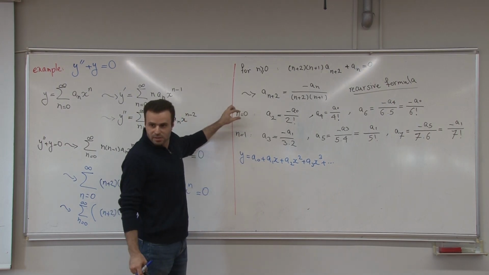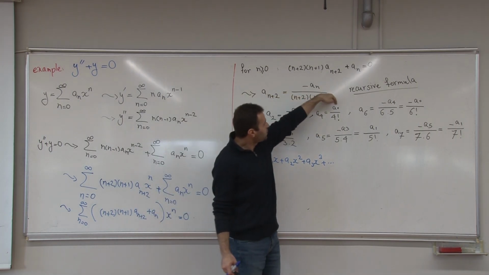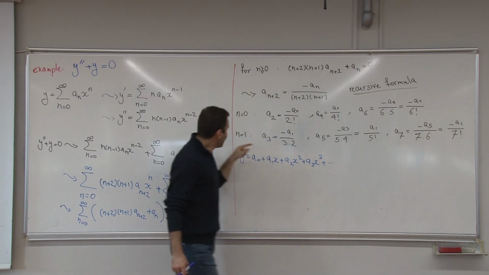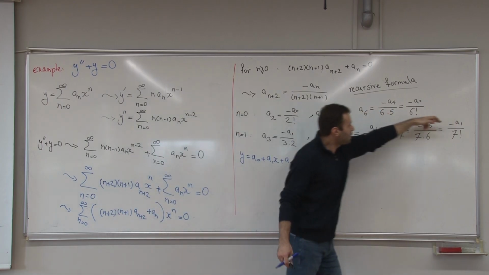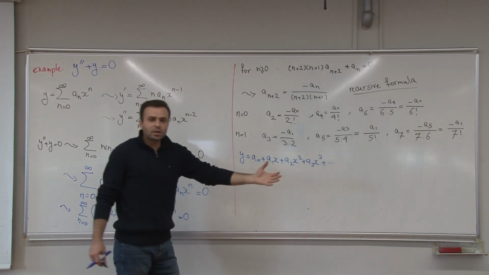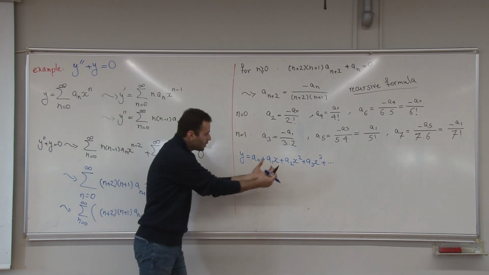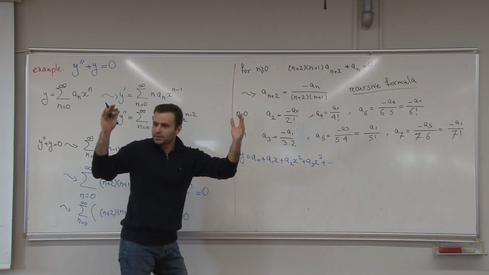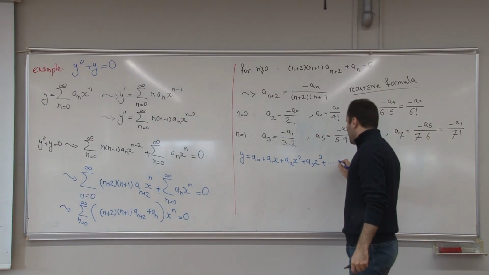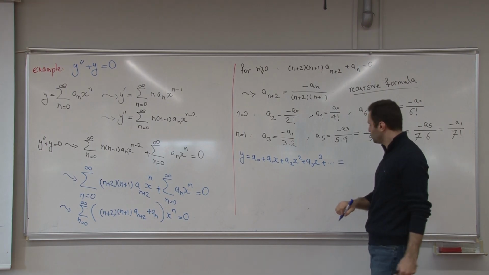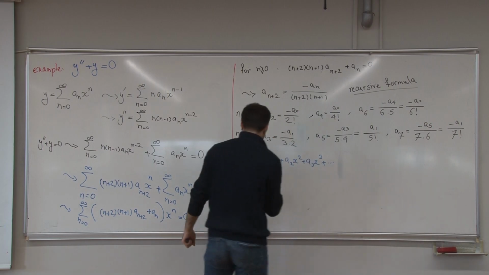The even terms are all written in terms of a0, right? And the odd terms are written in terms of a1. So, I'm collecting even powers to one bracket, and odd powers to another bracket.